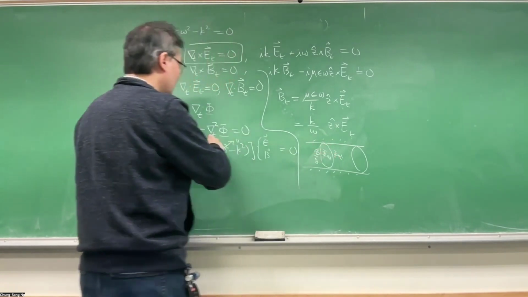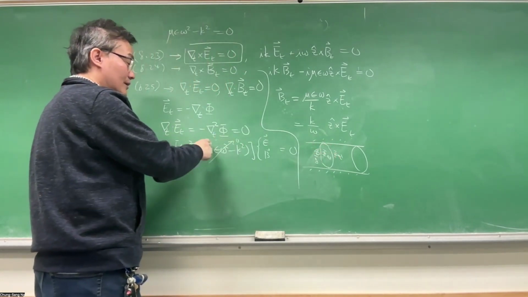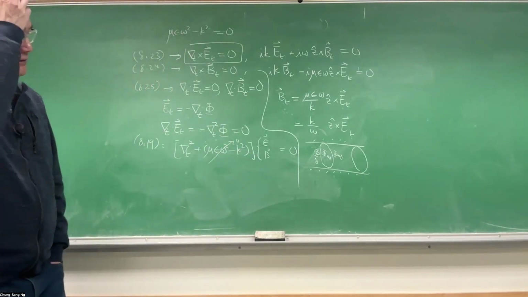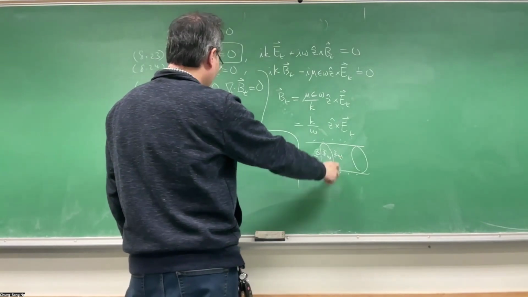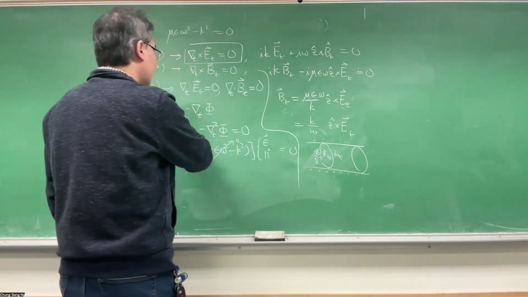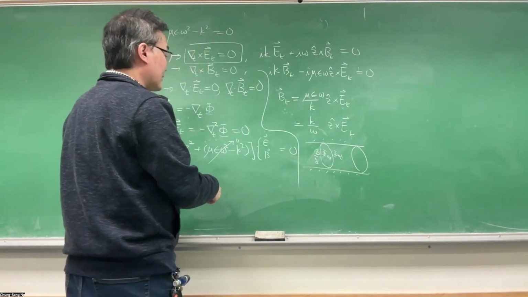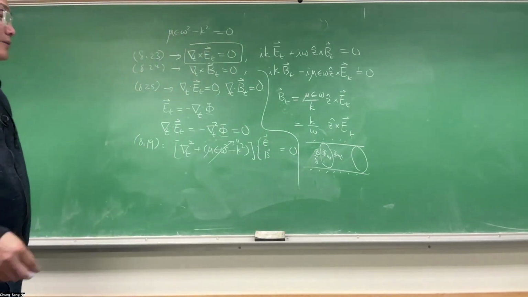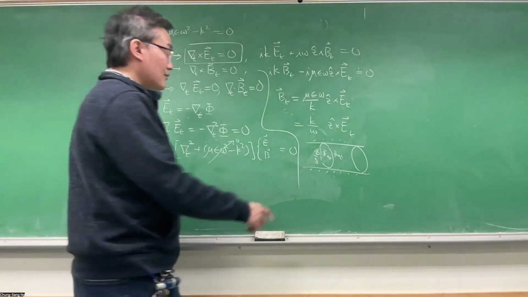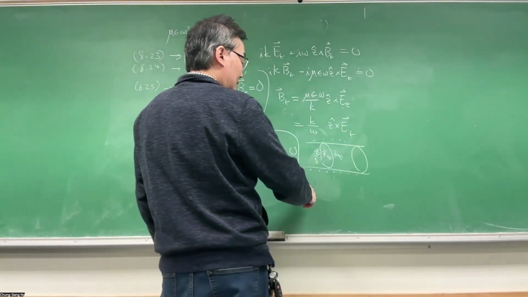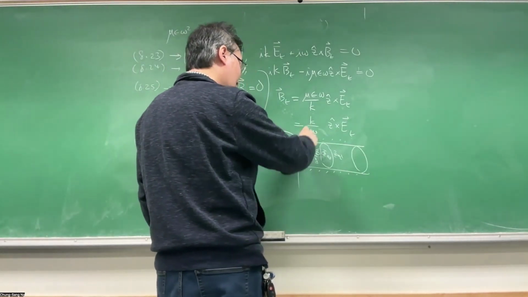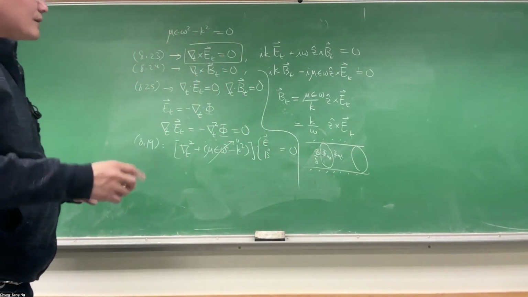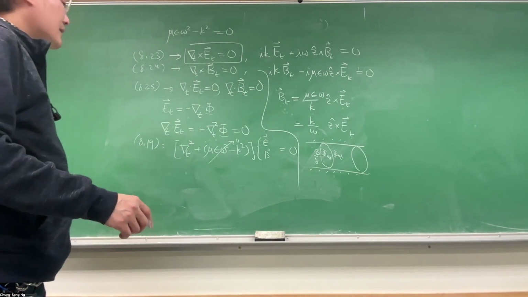Obviously that is a solution to the Laplacian, and by the uniqueness theorem, that's the only solution. So if phi is zero everywhere, then obviously the electric field is zero and the magnetic field is zero, so there's actually no mode inside. So there's no TEM mode with a geometry like that, with just a hollow volume inside surrounded by the perfect conductor.